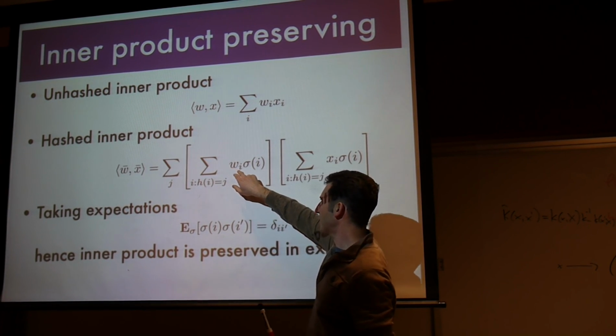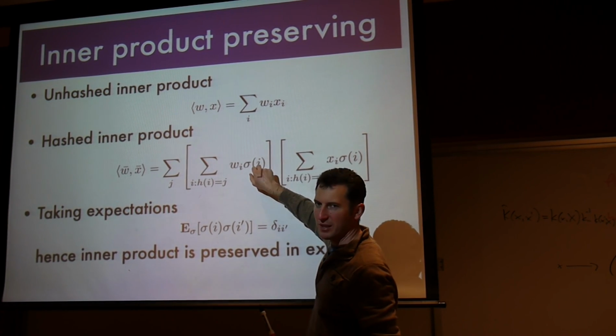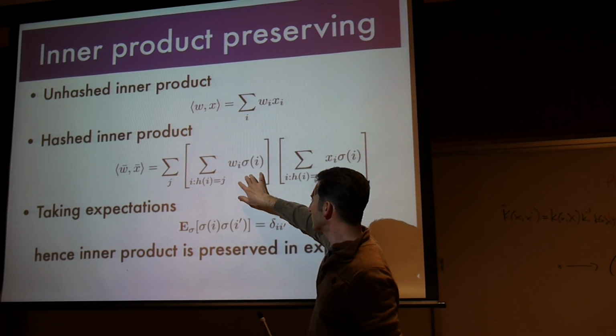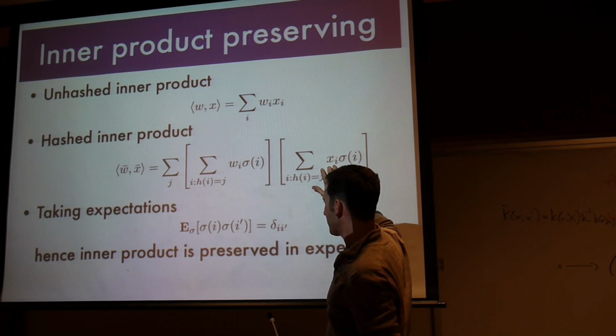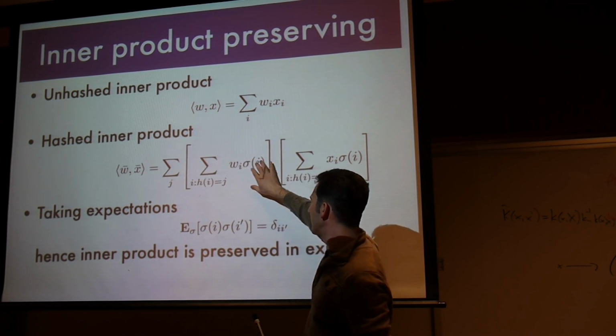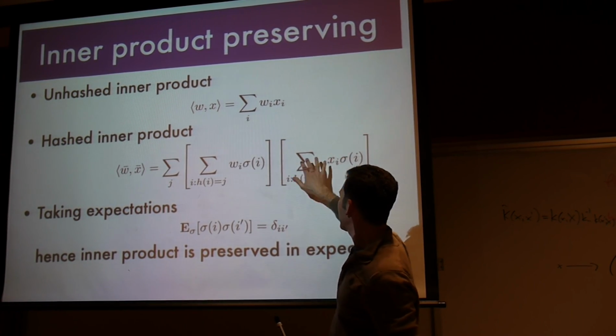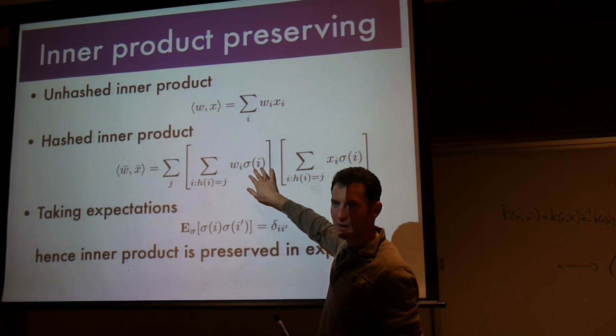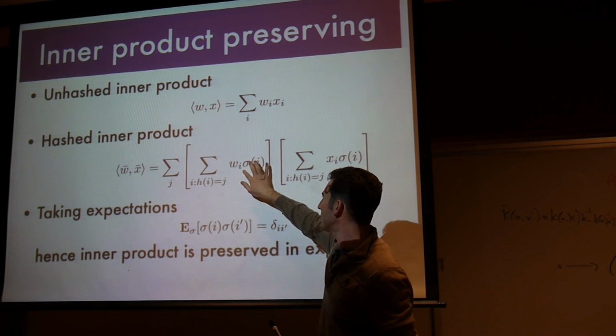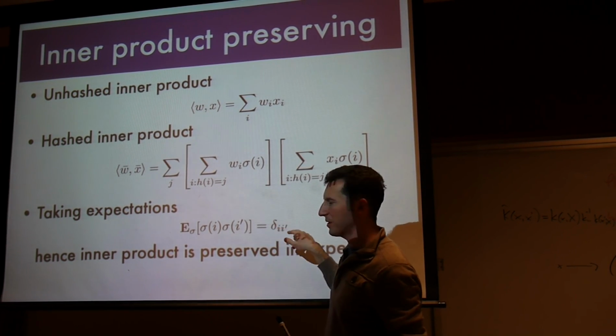And I have to take their value, multiply it by this Rademacher hash, and sum it up. Ditto here. However, in expectation, these things are 1 if and only if i equals i prime, because if these indices match up, and 0 otherwise.